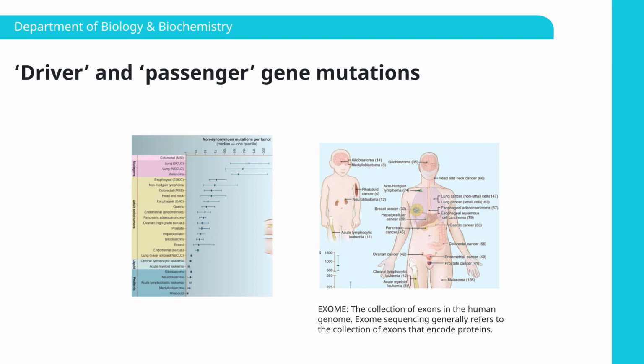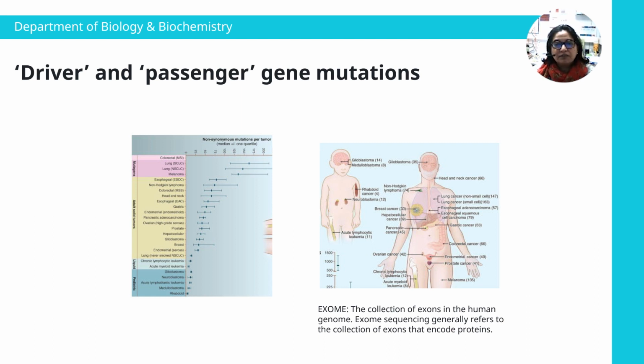But if you go further down, if you look at pediatric tumors, glioblastoma or neuroblastoma, the frequency drops even further. And what you see in this picture is sort of the list or the number of mutations that have been picked up on various different tumor types.